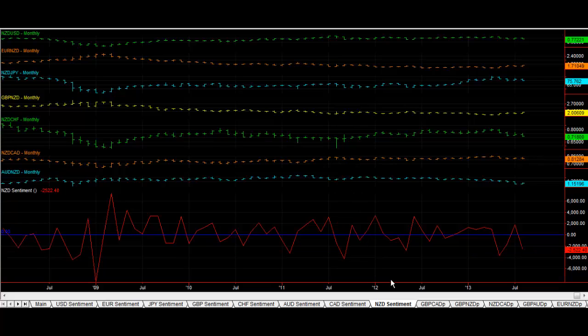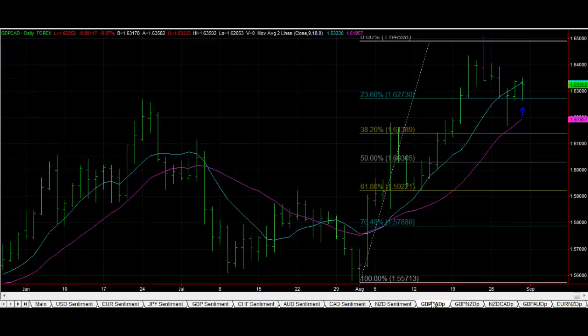Let's go ahead and take a look at some of our individual cross rates to see how they have performed, keeping in mind that we want to focus on currencies that have been in a trending environment. Here we see the British pound against the Canadian dollar cross rate. We can see that this blue up arrow indicates the currency has bounced off this key support level at 162.73.